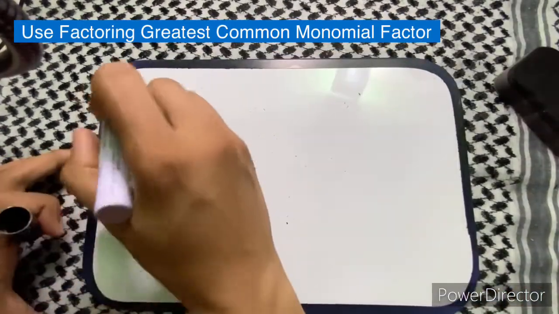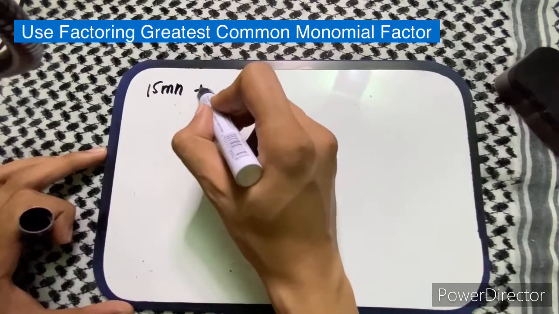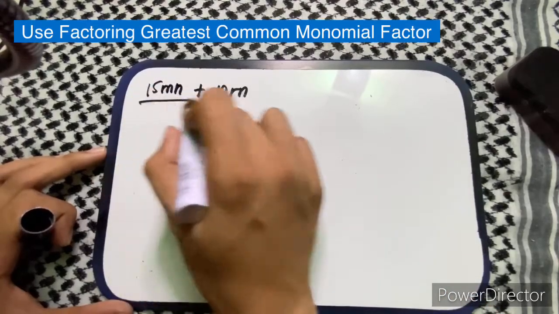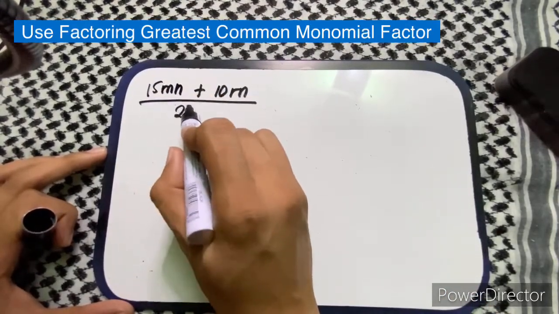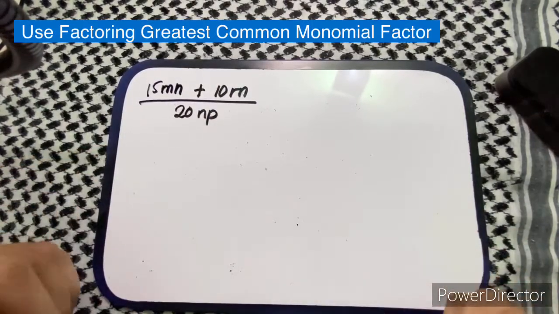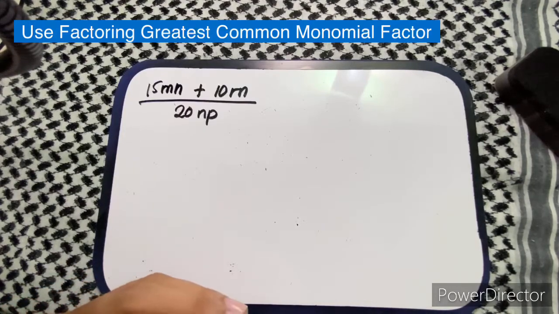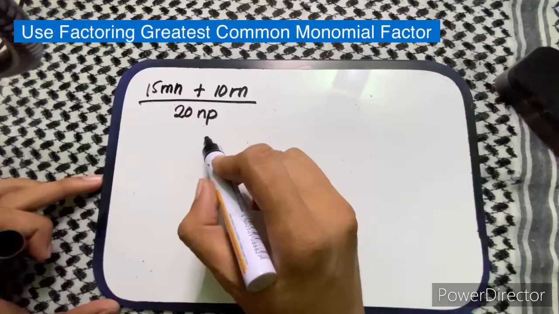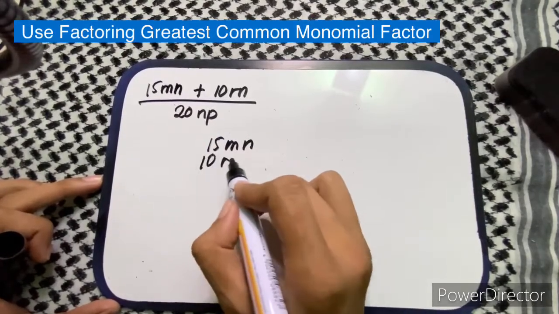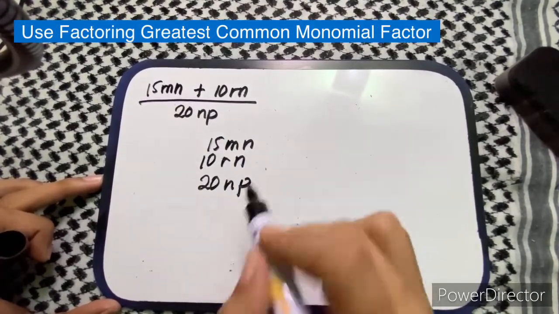We have 15mn plus 10rn all over 20np. In my class, I will have to break down the polynomial. So here I can write 15mn, then 10rn, then 20np.